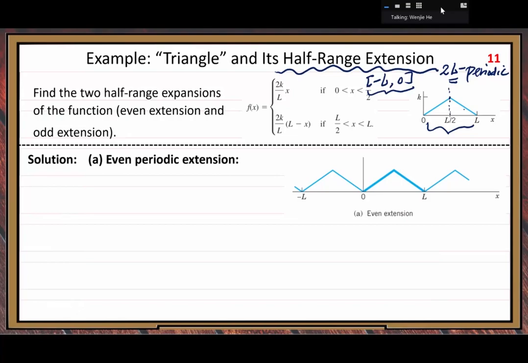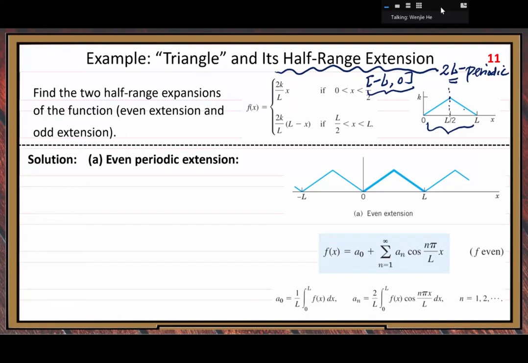In other places, we do the periodic extension. In one period, we have an even function. So we need to use this Fourier cosine series to calculate the coefficients, the specific formula.